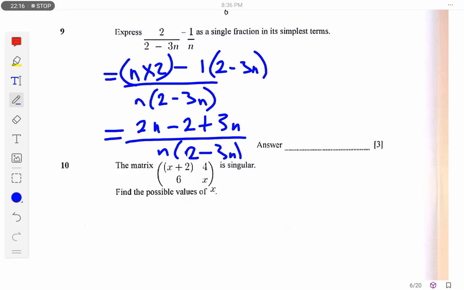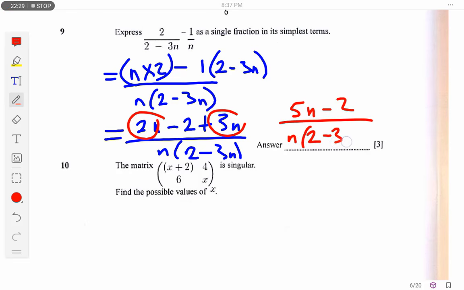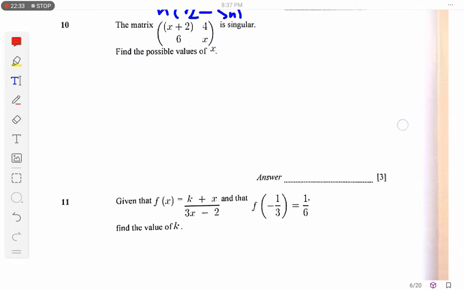The n's there, I can add them together, the 2n and the 3n. So my answer is going to be 5n minus 2 over n times 2 minus 3n. We have simplified. Let's move on to the next question.